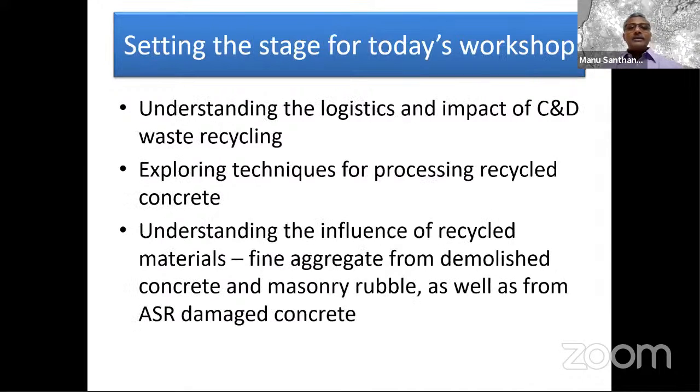Right. So what do we look forward to in today's workshop? We have organized the sessions in such a way that our students who are working on either side of the ocean will talk about first the understanding of logistics and impact of construction and demolition waste recycling, exploring techniques for processing recycled aggregate concrete, understanding the influence of recycled materials in terms of fine aggregates that are obtained from different sources like demolished concrete and masonry rubble, and a very interesting study on aggregates obtained from alkali silica reaction damaged concrete also.